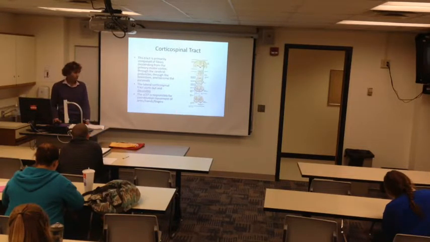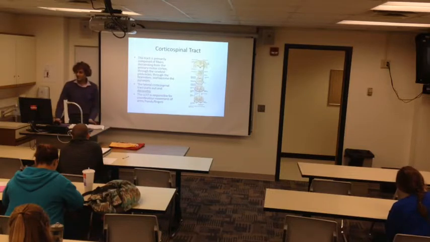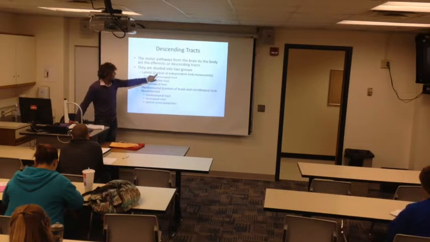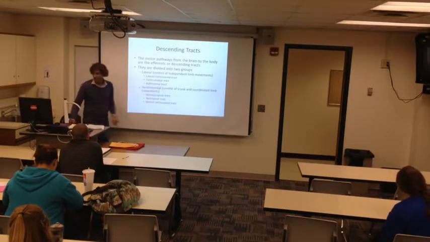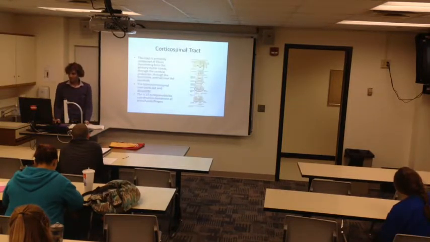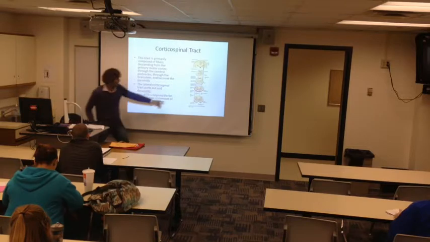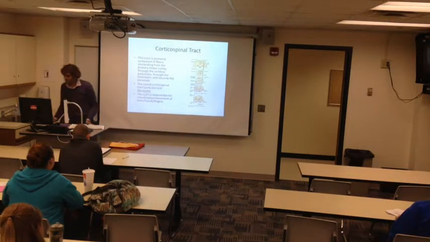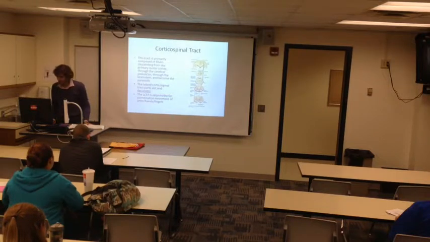These are coordinated praxis kinds of motions. And that's the lateral corticospinal tract. This one, that's part of independent limb movements and also things like fine motor control. And that's the one that splits over and decussates to the other side of the brain, of the spinal cord.